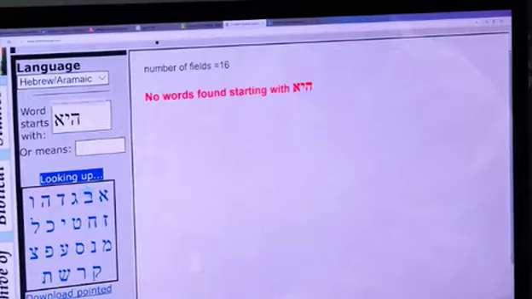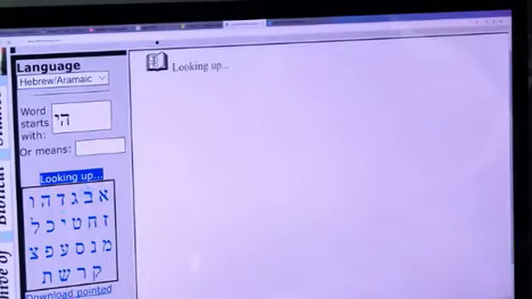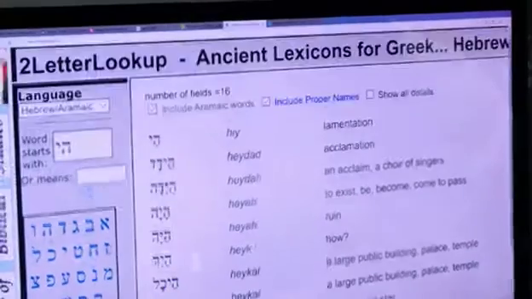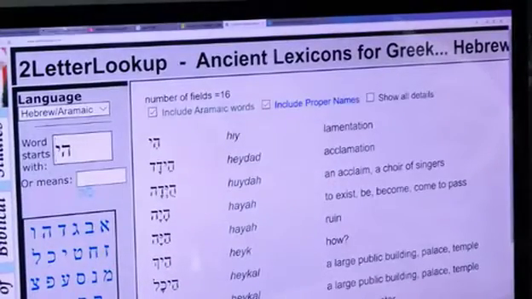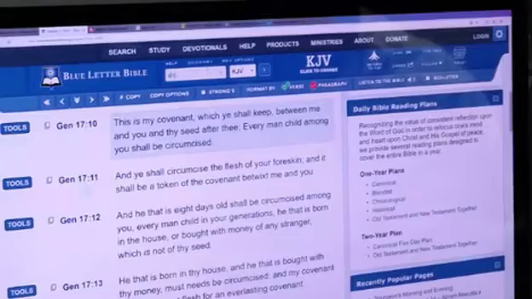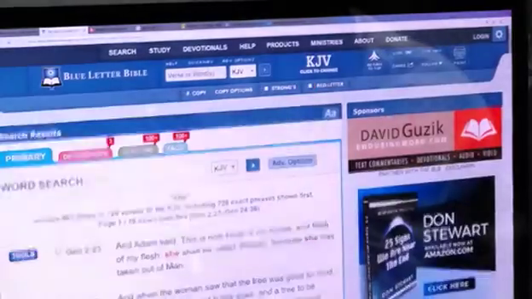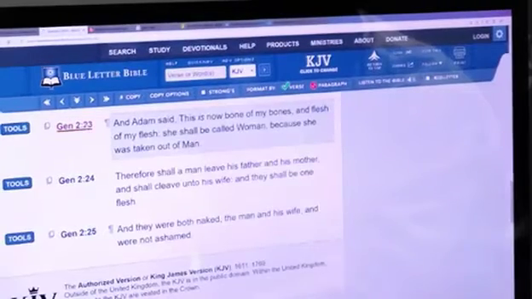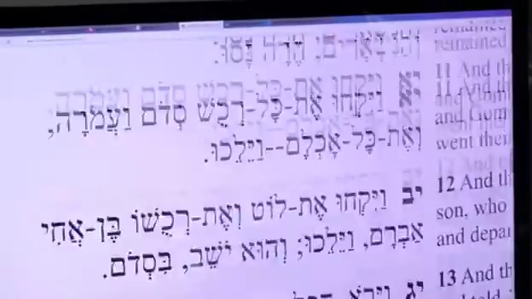Let's see if we can get an example for she. We'll just go into the Bible, type she, and see what we get. Let's try Genesis chapter 2, verse 23.